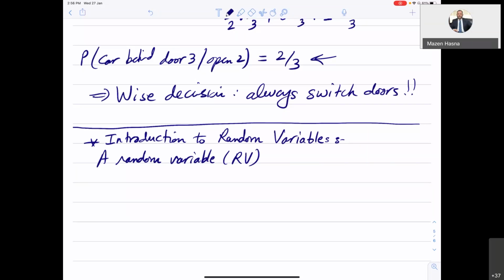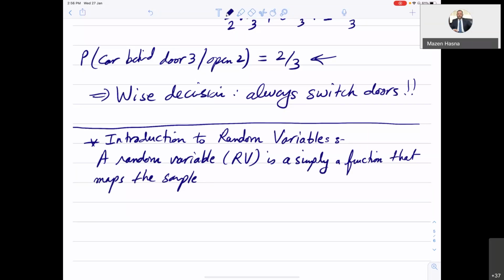A random variable is simply a function that maps the sample space of a random experiment to the real line.